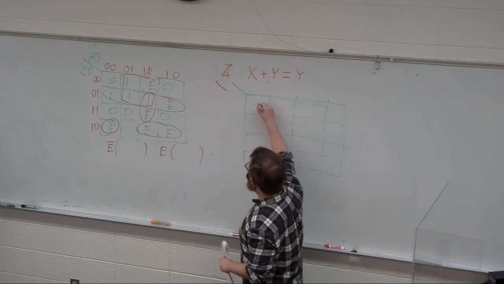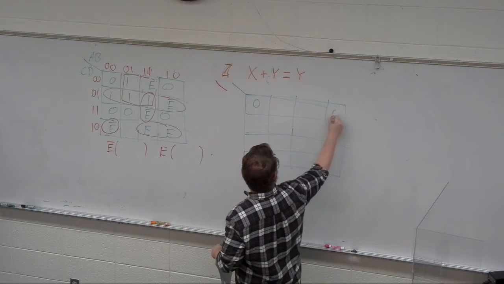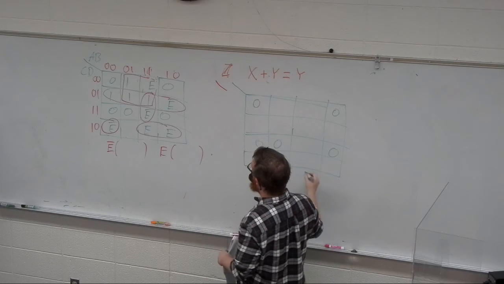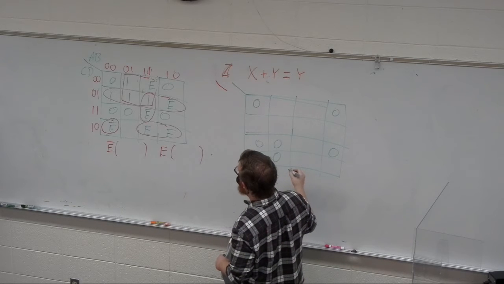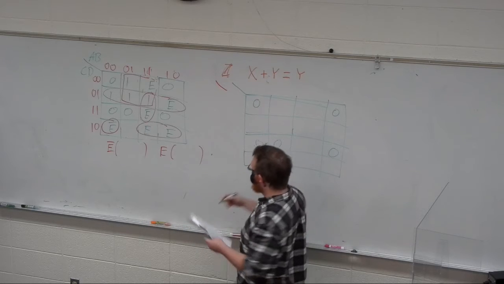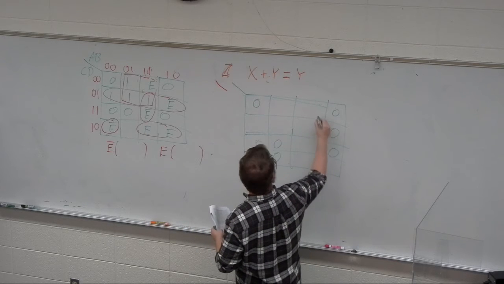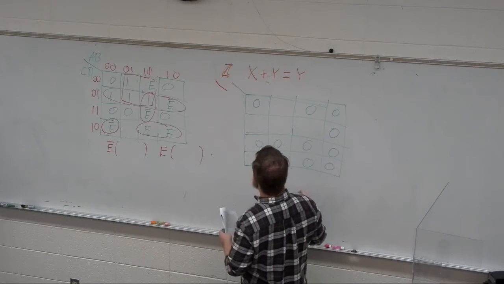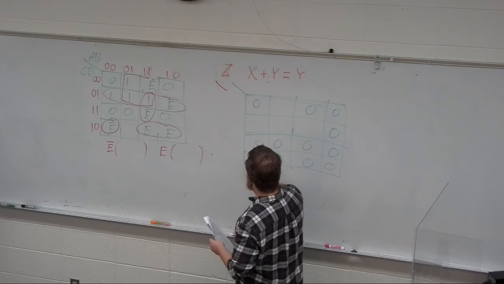So we know that zeros stay as they are, right? What do we do with the E's and the E bars? Zeros. So 0, 0, 0, 0, 0. That's lots of zeros. Good catch.